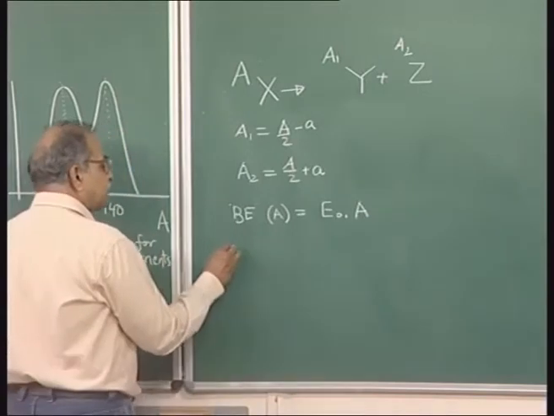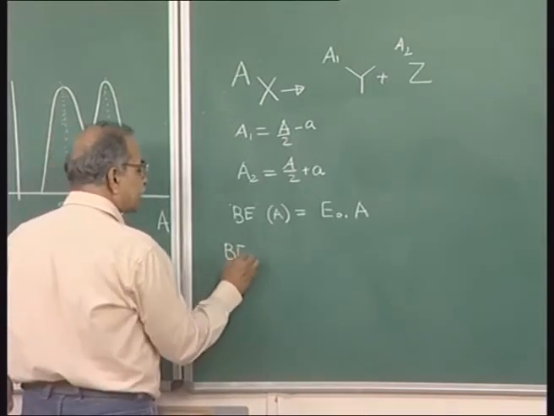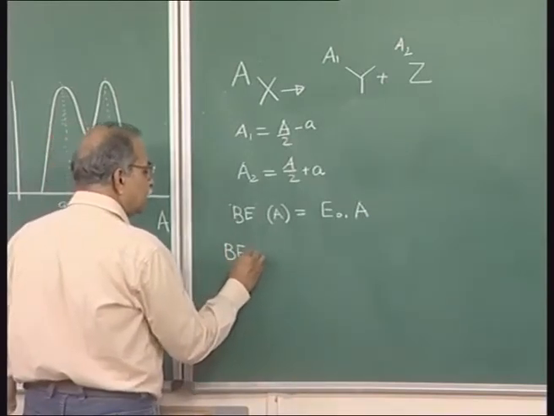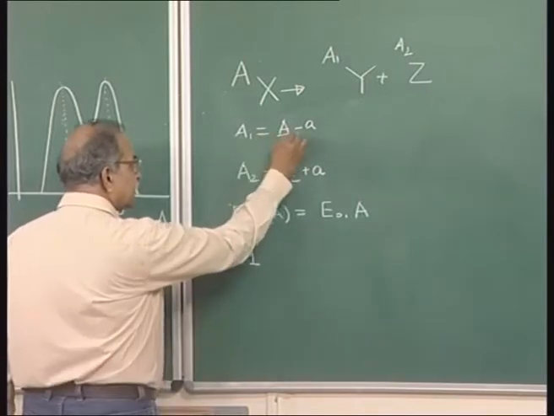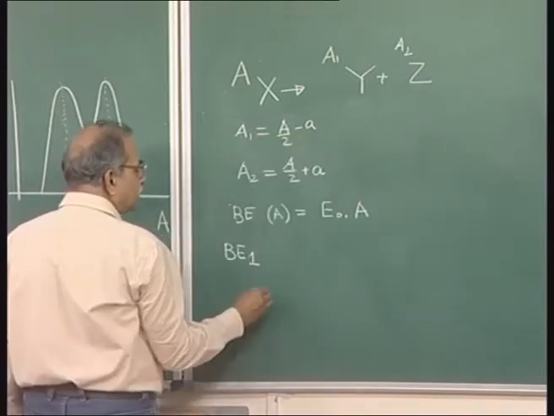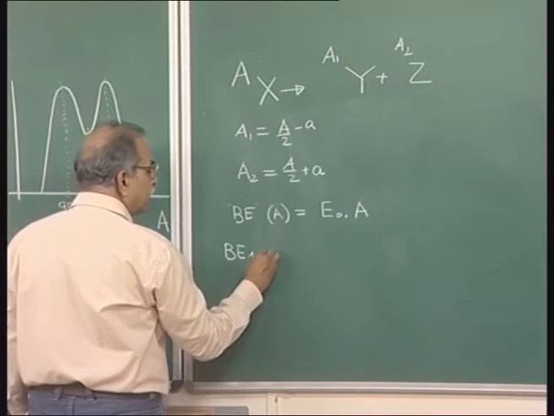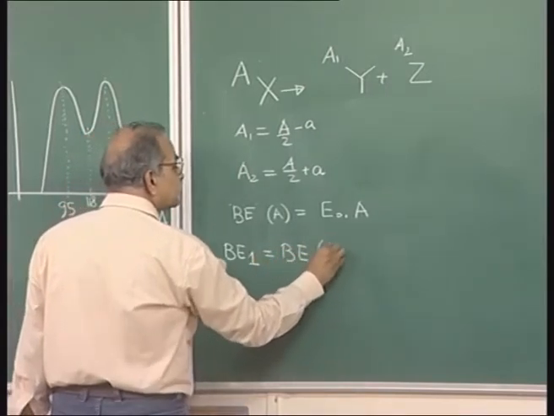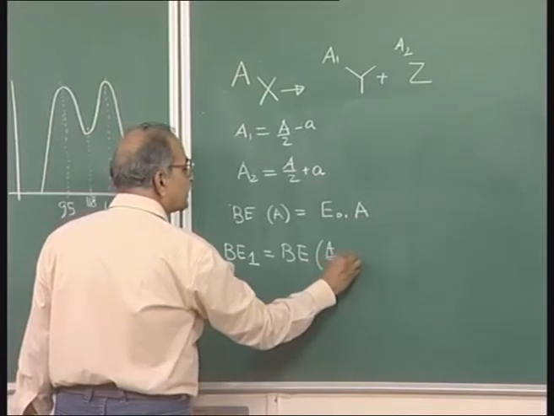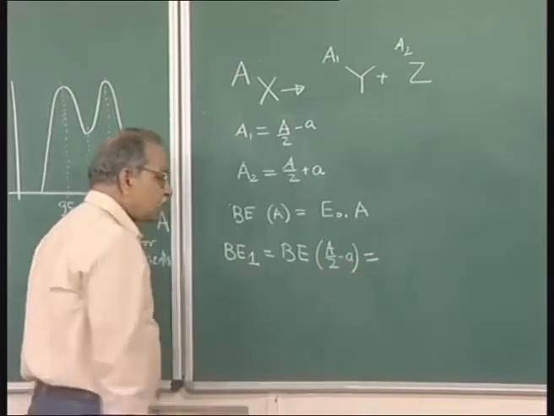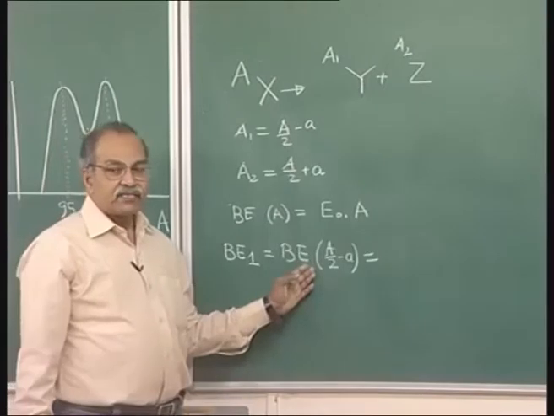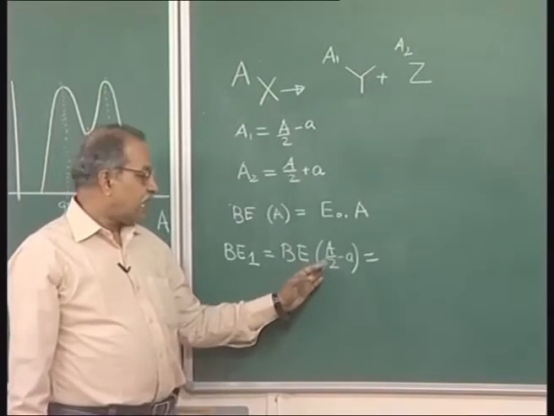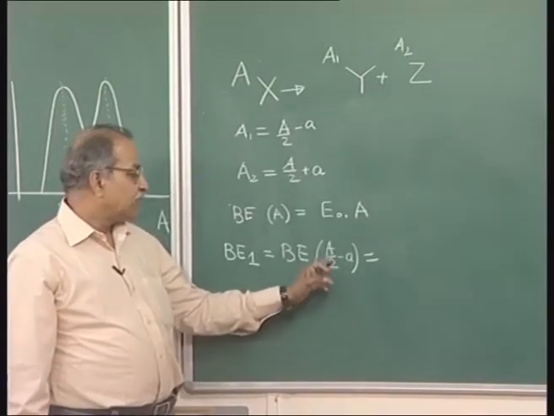Then you have the fragments. So, the binding energy for the first fragment BE1, where A1 is equal to A by 2 minus a. How much is the binding energy per nucleon at this mass number A by 2 minus a?